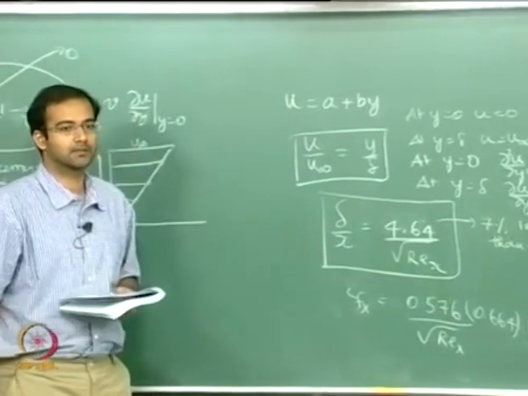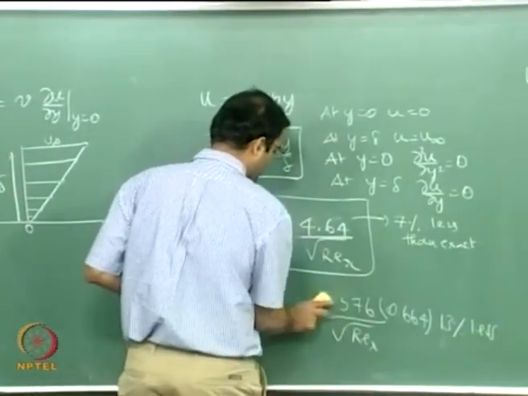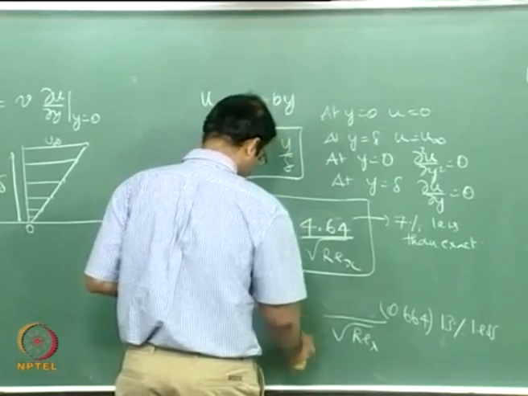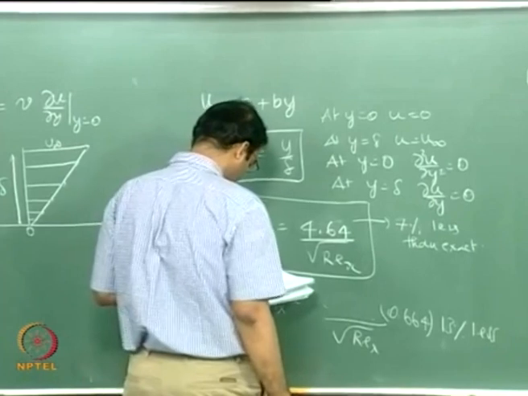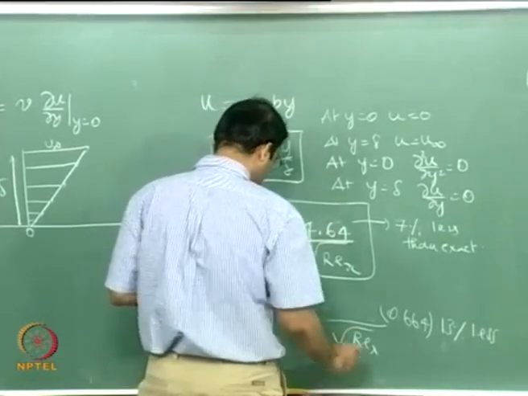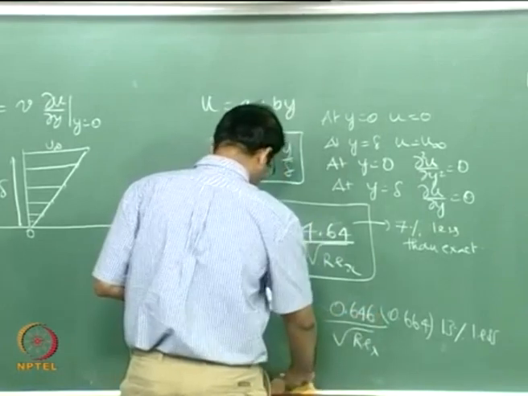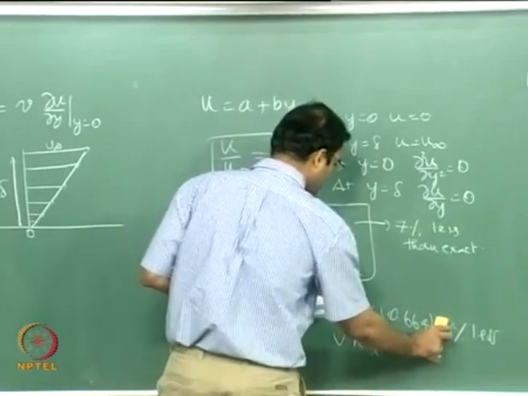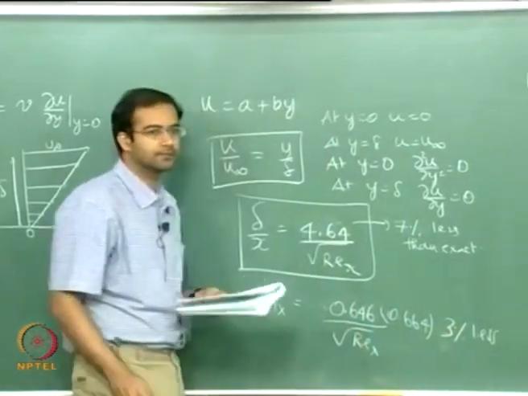to the exact solution. Okay, the same way with the skin friction coefficient, if you calculate this wall shear stress and therefore the non-dimensional skin friction coefficient, this value comes out to be 0.646. Okay, which is also very close, 3% less than the actual.